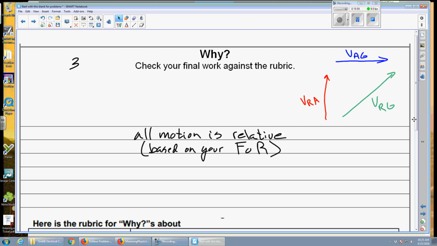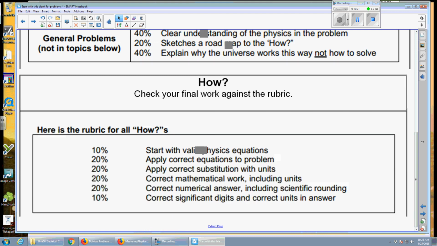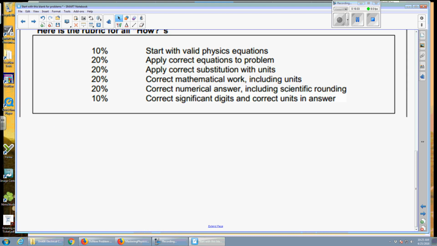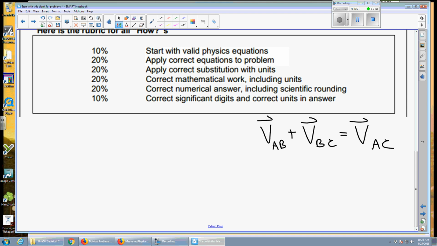All right. So, physics equations that I would need for this one. I'd go back to my equation sheet and look up relative motion, which is written this way: the velocity of A with respect to B plus the velocity of B with respect to C equals the velocity of A with respect to C. Right?